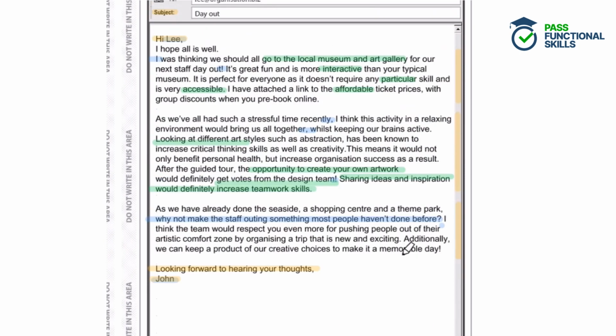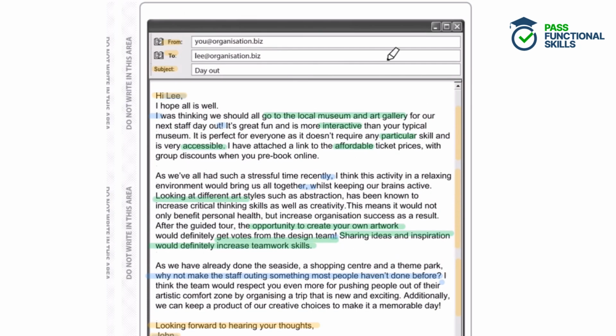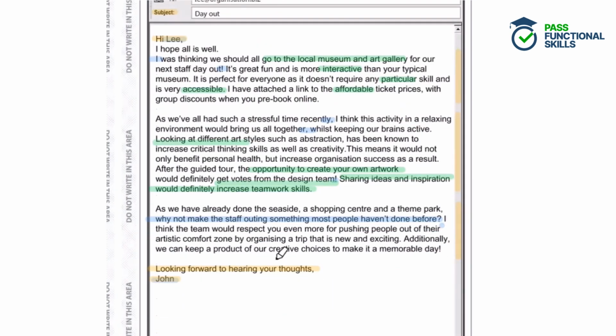So each paragraph is talking about something different, but all of them are relevant to the question, and it's a really effective structure which works alongside the organisational features to make the email clear and easy to read. You also need to be making sure that your answers are all cohesive. So that means that everything links together, everything flows together appropriately, and you're focusing on the topic specified in the question.